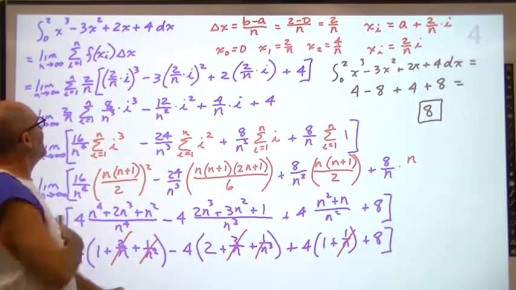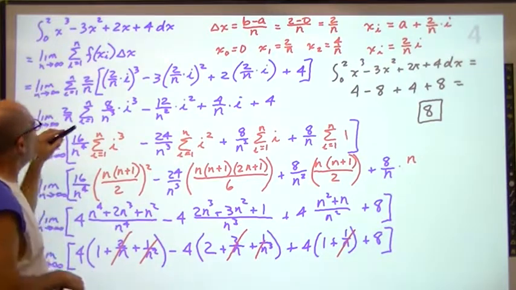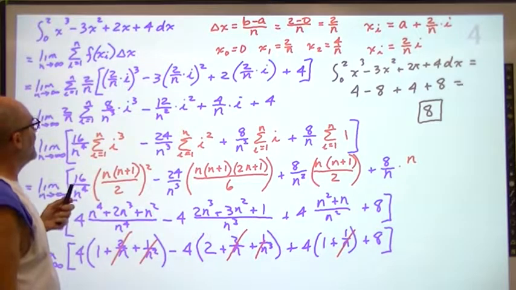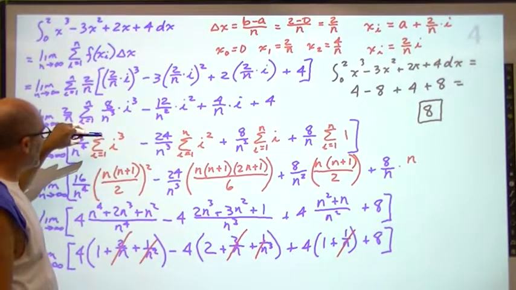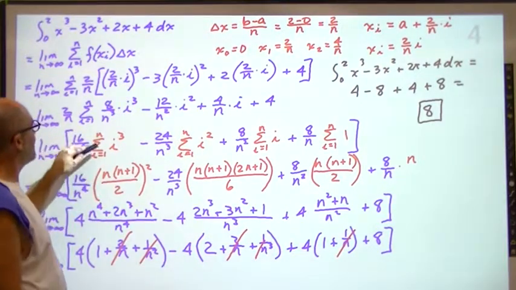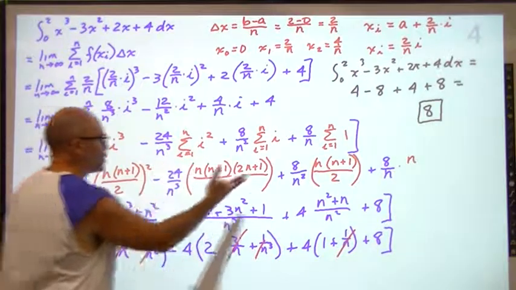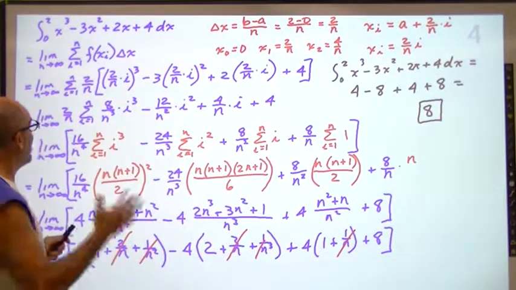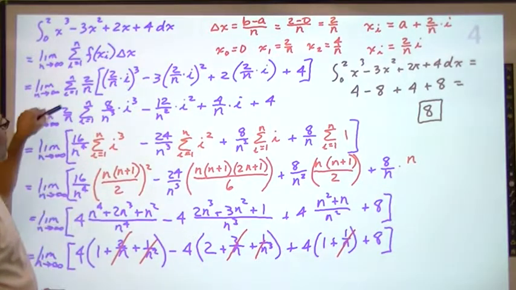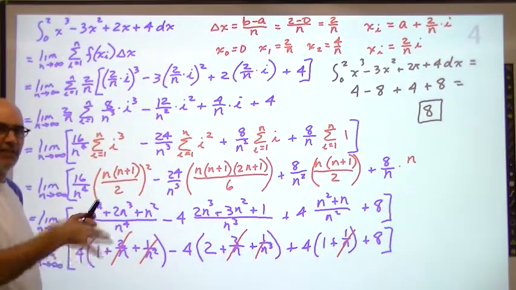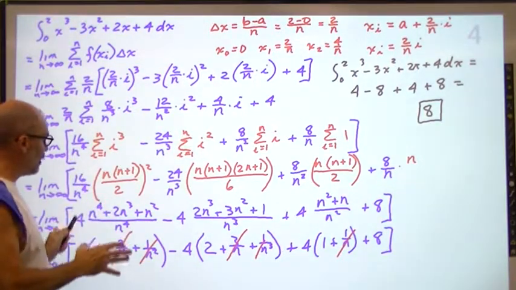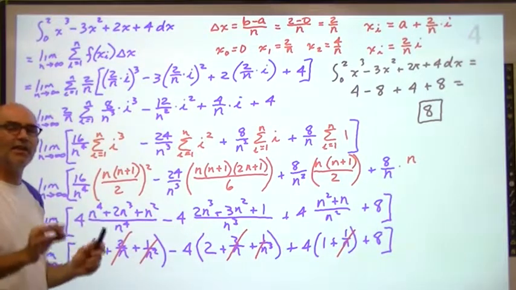But the next thing is then, we've got n values and we've got i values. And the key thing is when we can get to the point where the i values turn into n values. Notice the summation of the i's all have shortcuts, which are n's. Now, the n's then cancel with the other n's that you have from your delta x and your f of x sub i's, and those are going to give you a final result of a single number.